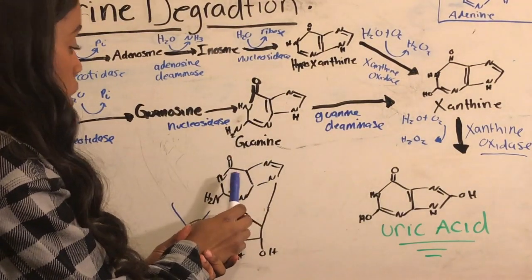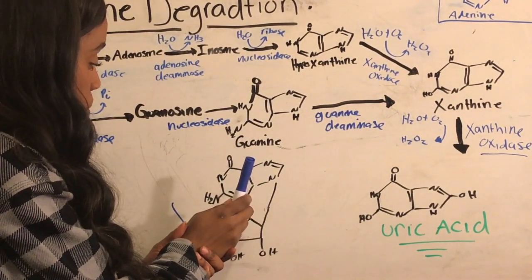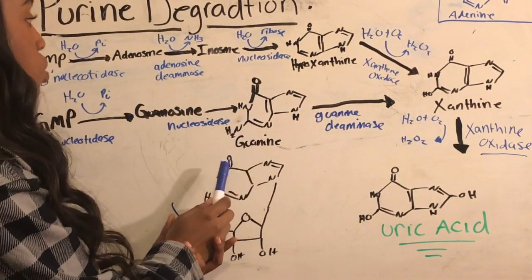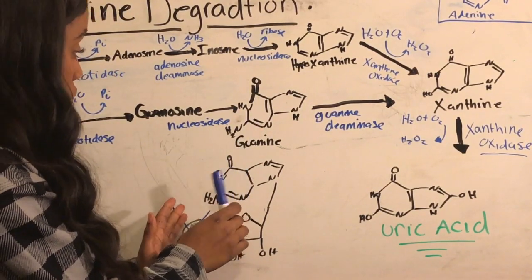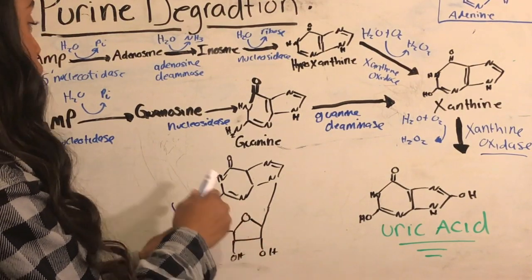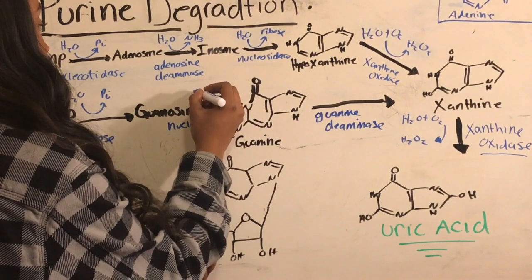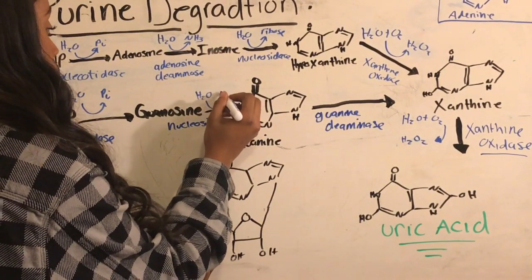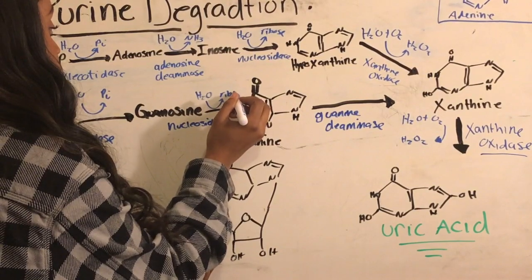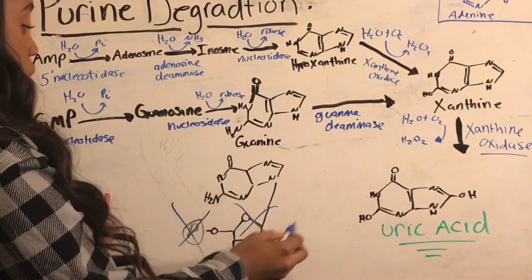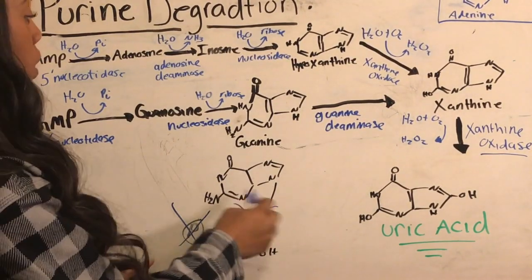Since our nucleotide already has the carbonyl in the right position, there's no need to deaminate anything yet. So we remove our ribose sugar using nucleosidase and water, and that leaves us with guanine.